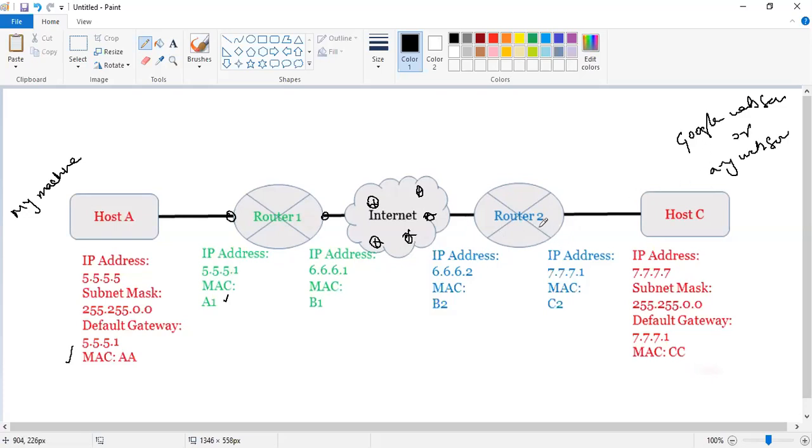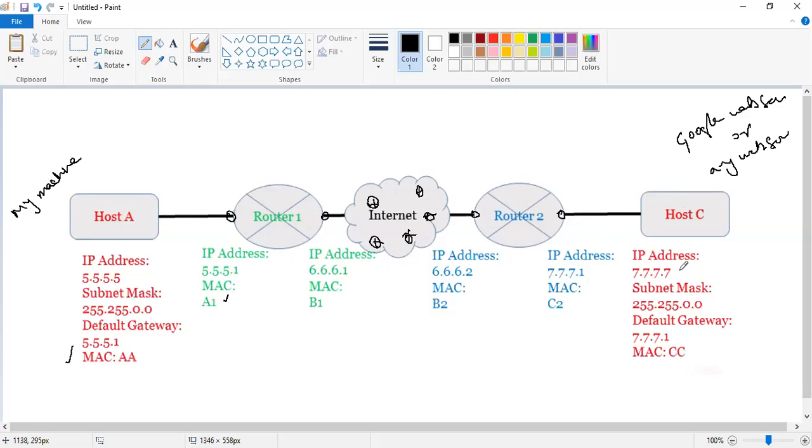If it is somewhere in the US, it can be AT&T or T-Mobile or some other service provider's internet. It will reach there as an entry point, and from there it will get into their network, where it is hosted somewhere on a web server.